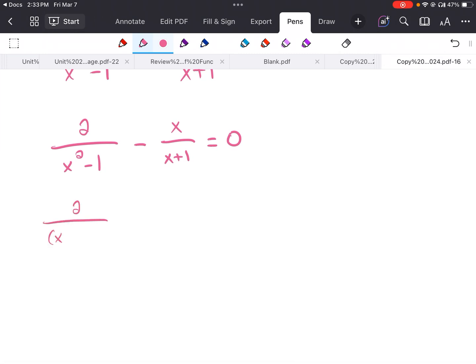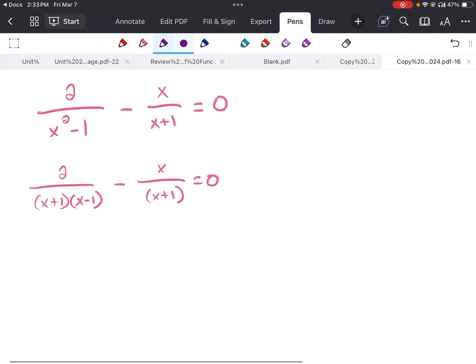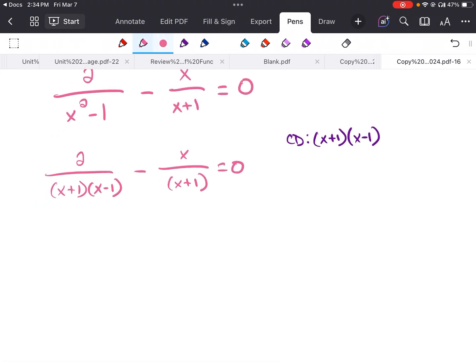So we get 2 over x plus 1, x minus 1, minus x over x plus 1. Right, that's going to give us our common denominator. So they both include x plus 1. One of them includes x minus 1. Okay, great. So we want both denominators to end up as x plus 1, x minus 1.